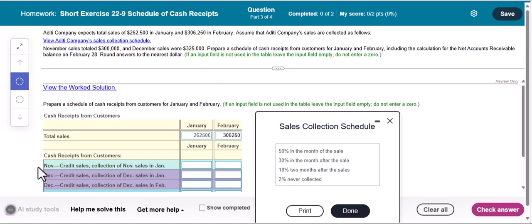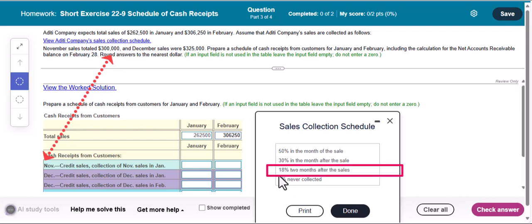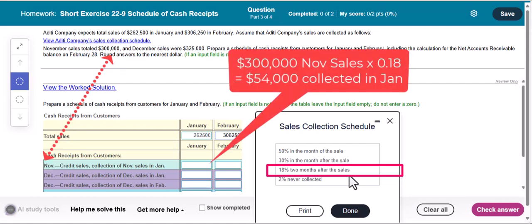So then our next task here under cash receipts from customers, we have to figure out of the November credit sales, how many will be collected in January. So in November, it says we have sales total 300,000. And again, how many months later is January? That is 2 months. So we'll go over here to our sales collection schedule and see that is 18% 2 months after the sales is collected.